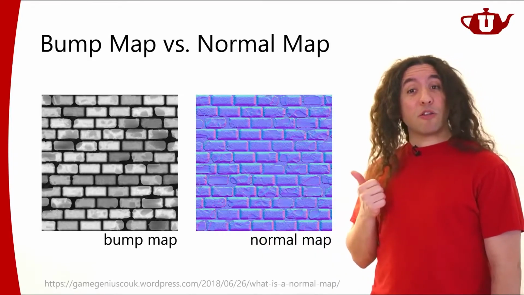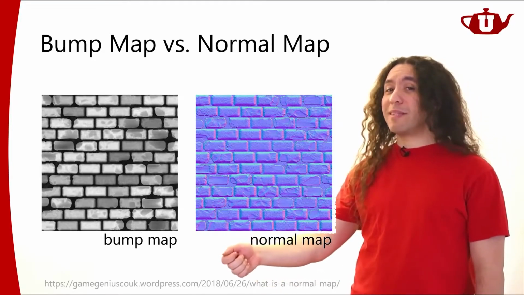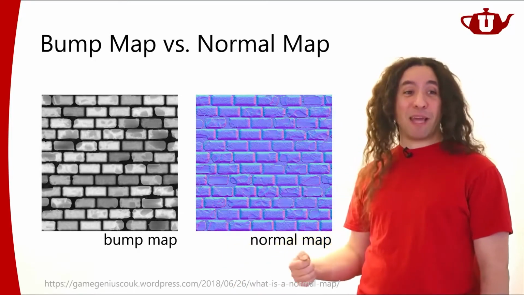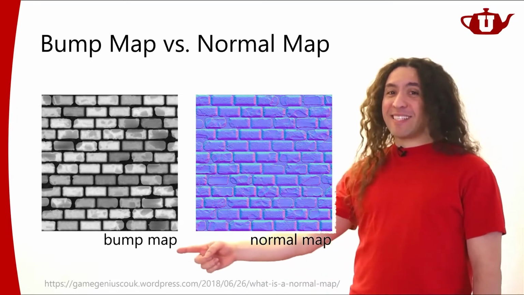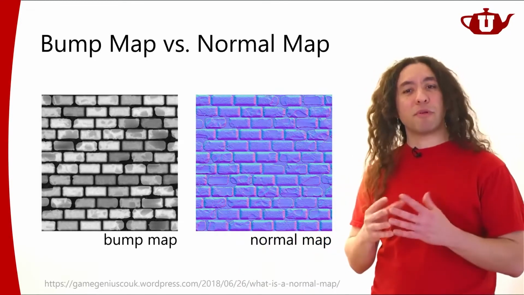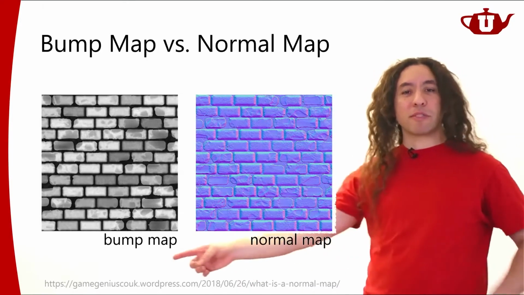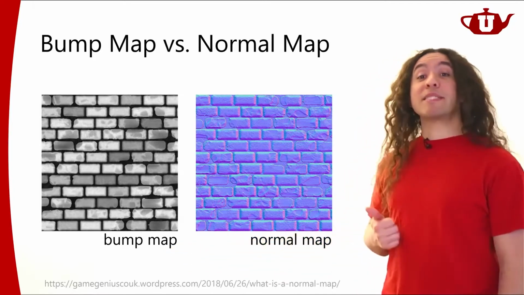So given a normal map, you may not be able to convert it to a bump map that would exactly reproduce the same results. This is covering a portion of the possible space of possible normals. So bump maps will not be able to represent everything that normal maps can represent.